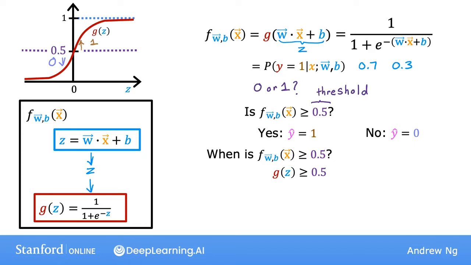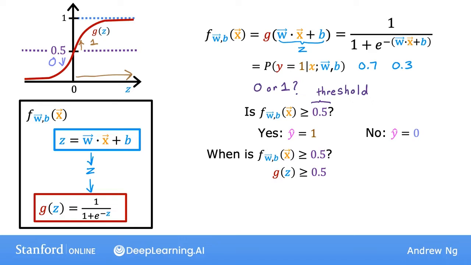But when is g of z greater than or equal to 0.5? Well, here's the sigmoid function over here. And so g of z is greater than or equal to 0.5 whenever z is greater than or equal to 0, right? That is, whenever z is on the right half of this axis.